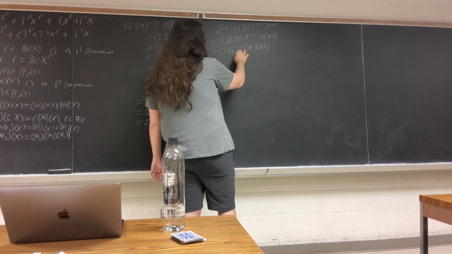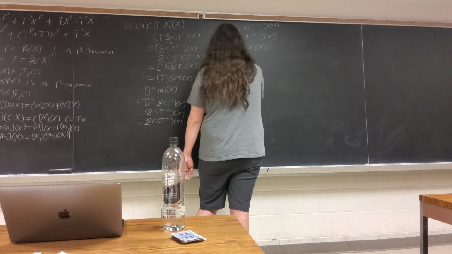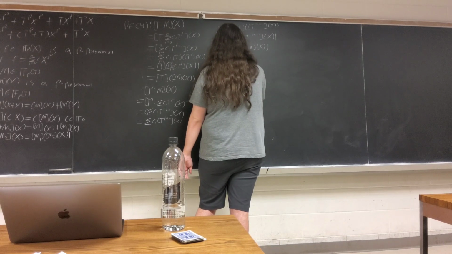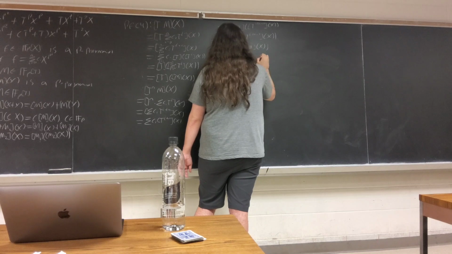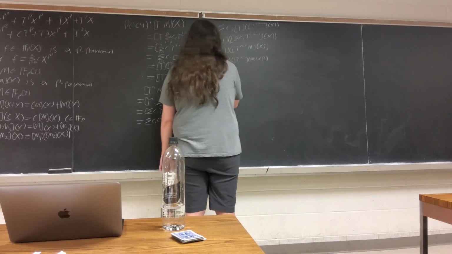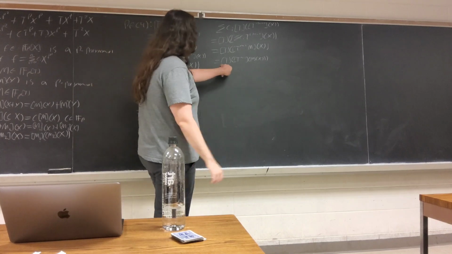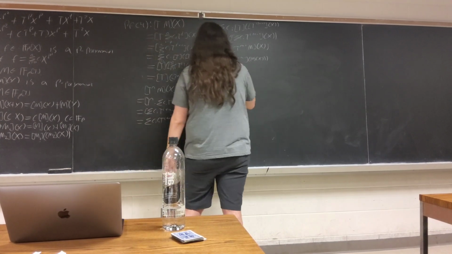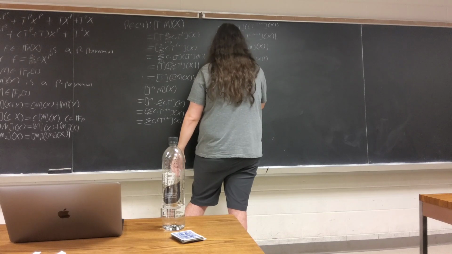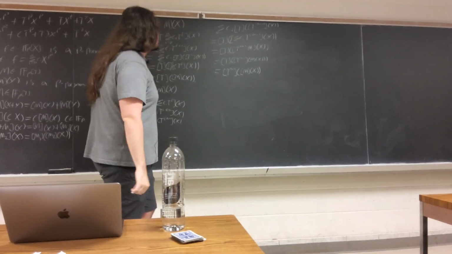And then, right, this is our inductive hypothesis. So we get t evaluated at t to the n minus 1, evaluated at m of x. And then we have that third thing over there, the recursion: t evaluated at t to the n of something is just t to the n plus 1. So we end up with t to the n of m of x. And that completes the proof.